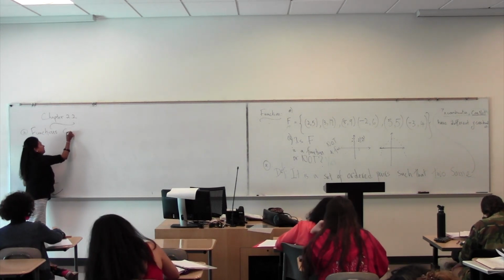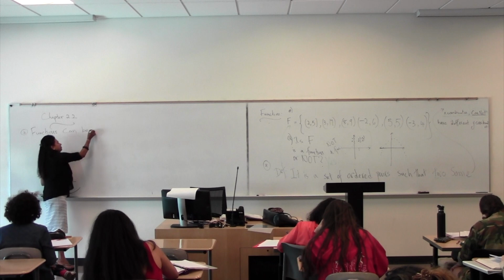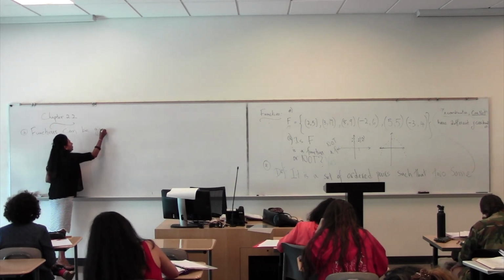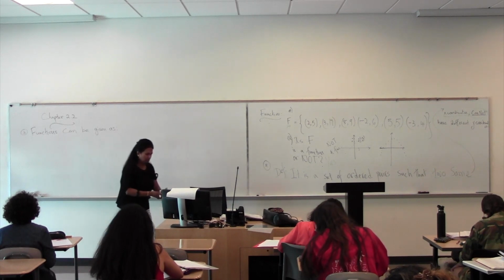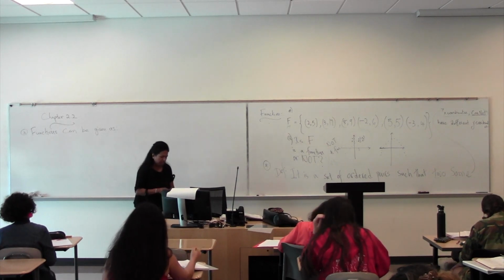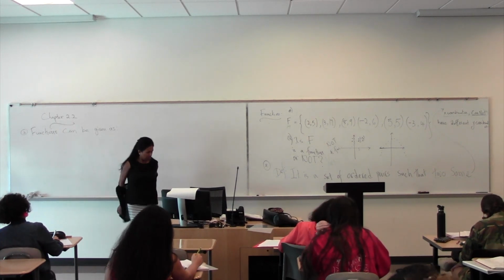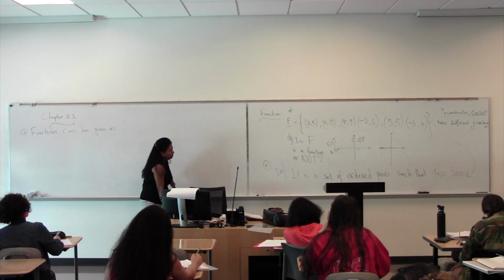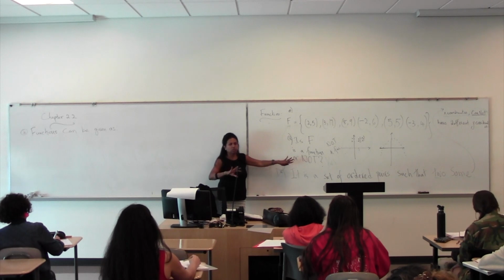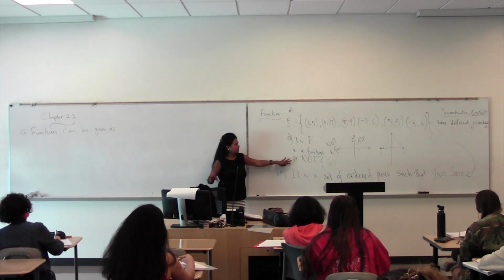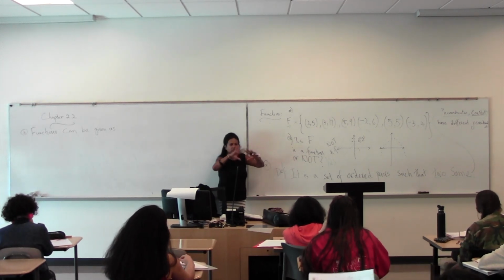Functions can be given as. For now, I just want you to know functions like this. Later on, I'm going to consider what is domain, what is range, and given two sets.